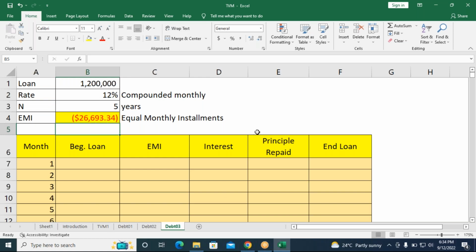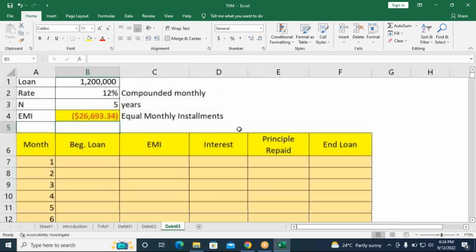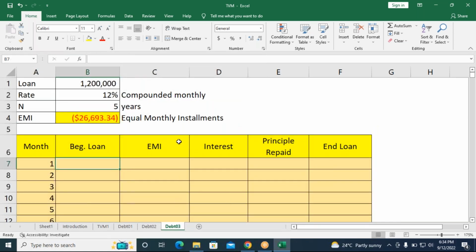Okay. So let's start with the first calculation, is equal to. The beginning of my loan is, what is the loan amount? It is 12 lakh. Yeah, 12 lakh. Okay. So enter. So here EMI, what I am paying. How should I put the EMI over here, which is in negative?